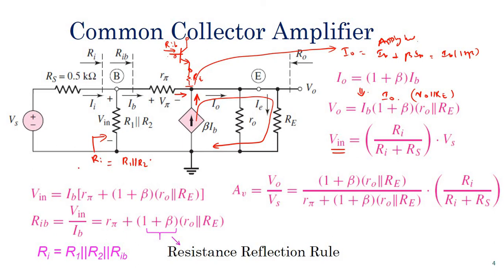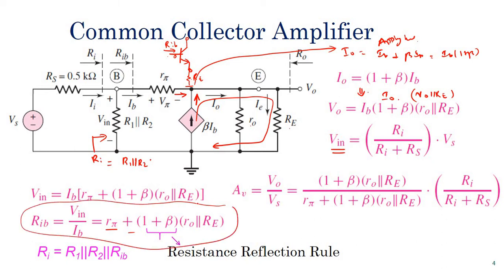So it is R pi, between base and emitter, plus the current ratio differs by 1 plus beta, so it is 1 plus beta times R0 parallel Re. That will be the resistance measured at the base.